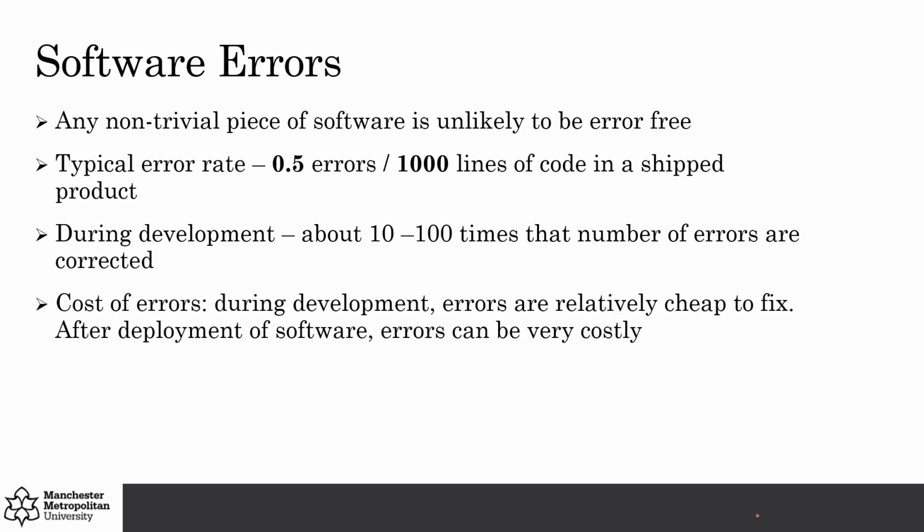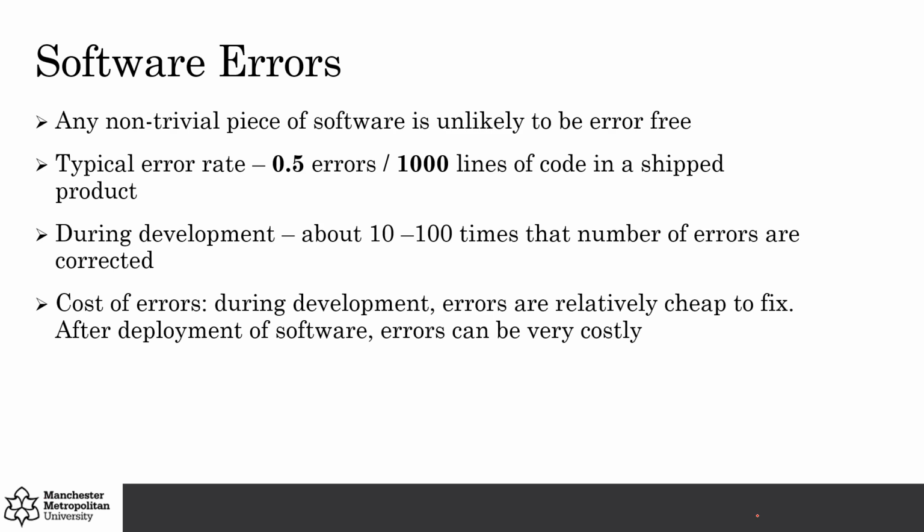And the cost of errors, as you can probably imagine, during development, is relatively cheap in terms of time. But after you deploy a piece of software, after you ship it out to the customer, those errors can be very costly. If you're required to support the software that you've just shipped out to the customer, the error is going to be very costly, because this may result in some downtime for your clients' customers.